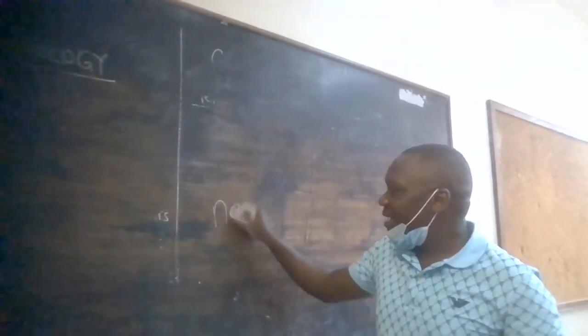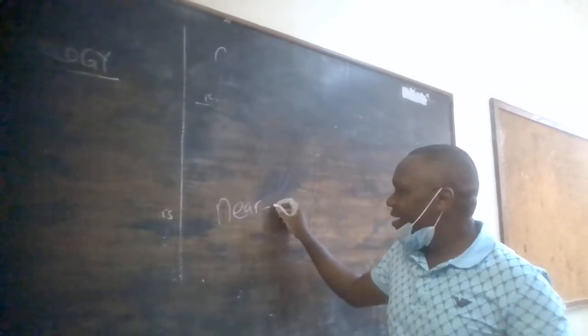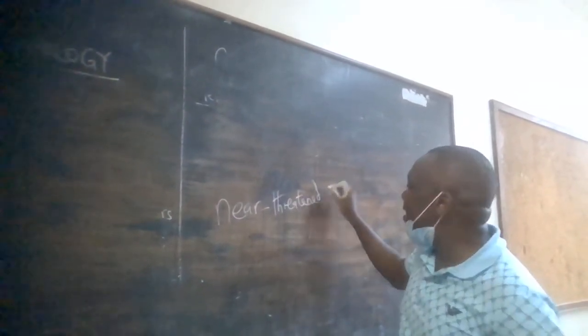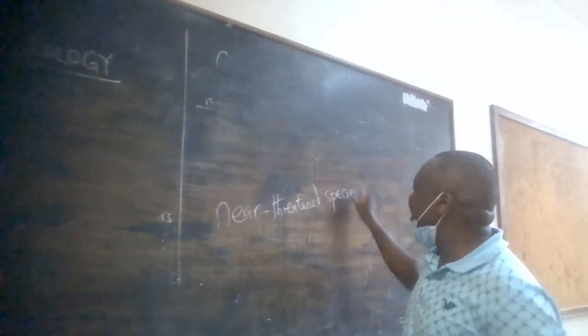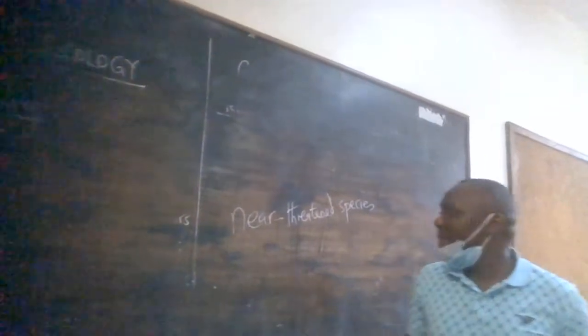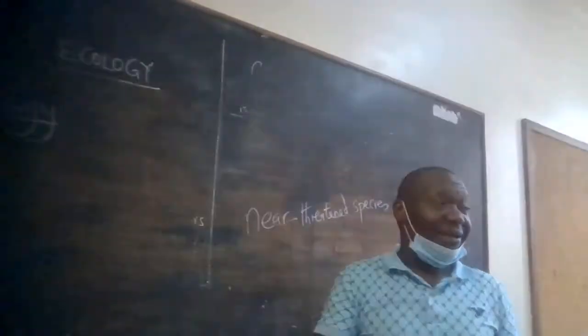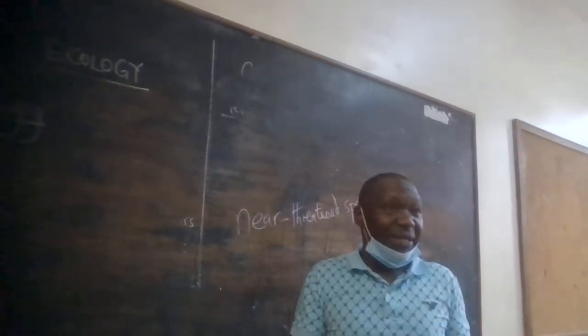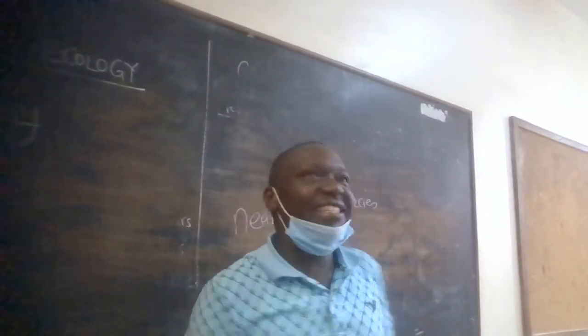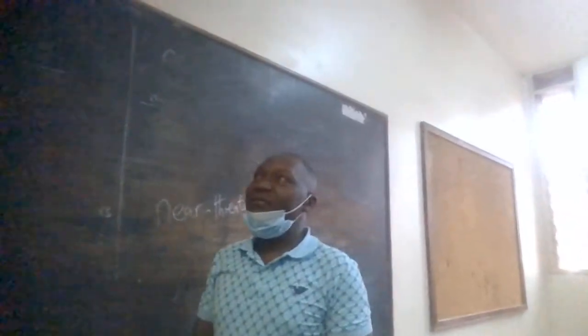Then there is what you call near threatened. That is another category I had left out. Near threatened species. That would mean it is not yet threatened, but there are indicators. For instance, let me give an example.